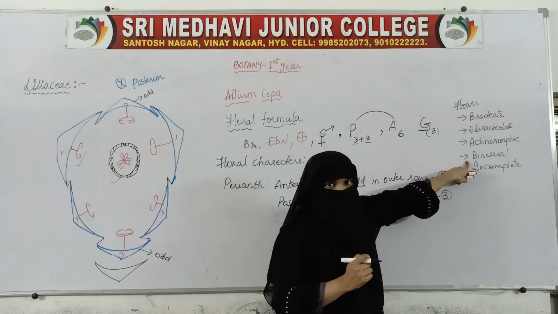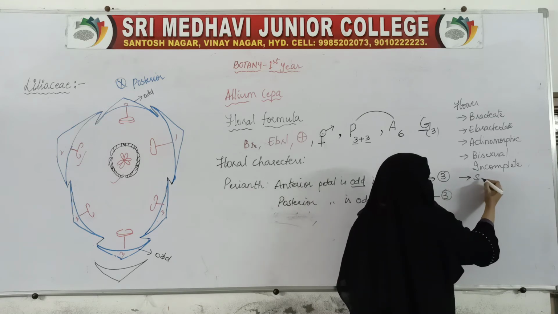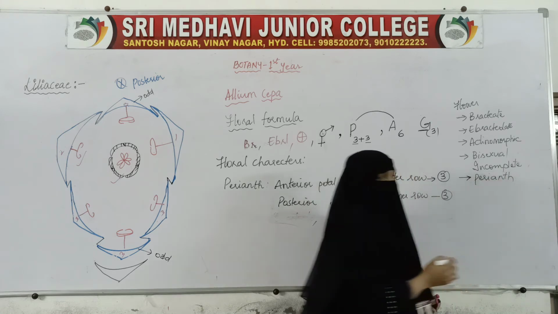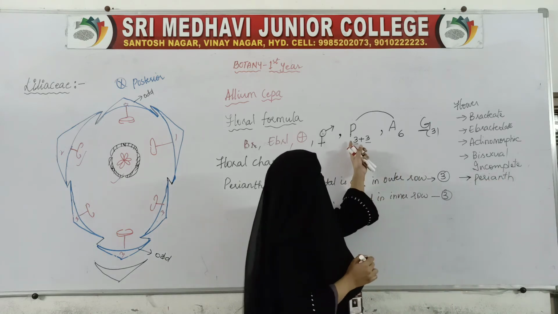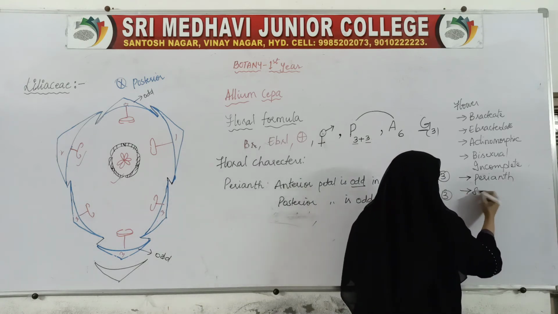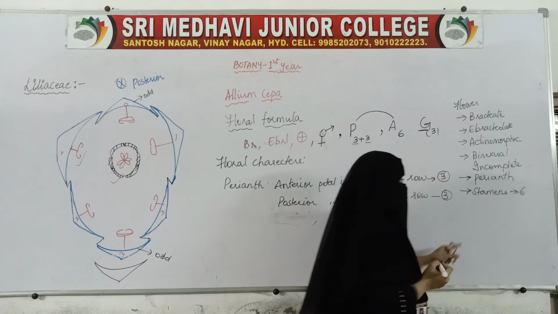It has both the reproductive organs, and here the merosity is 6. Here it consists of perianth. Then androecium. We have stamens. There are 6 stamens.